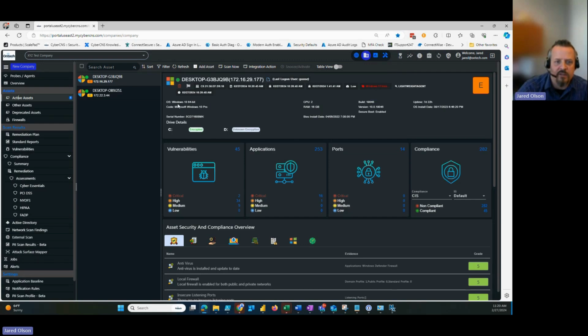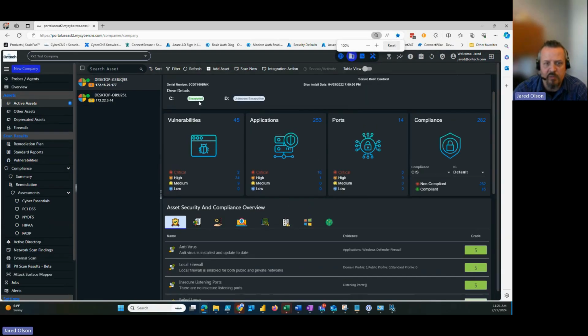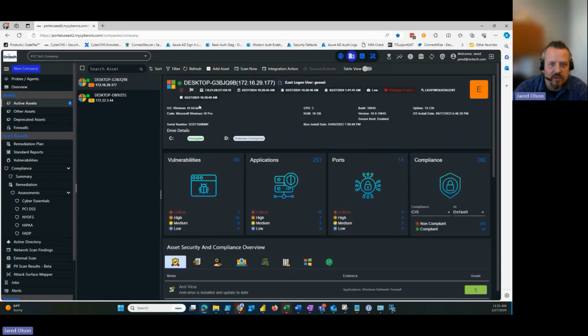You can tag various devices, and it's also going to give you a lot of breakdown in terms of what that equipment has running on it, what operating system it's running, what some of the hardware is within it, what security build number it's on, how long the device has been up, how long it's been installed for, a lot of good information, including serial number. Whether the hard drive is encrypted, I think that's also an important piece to understanding what risk might be and where vulnerabilities might exist. If hard drives are encrypted, the data that resides on them is encrypted as well.